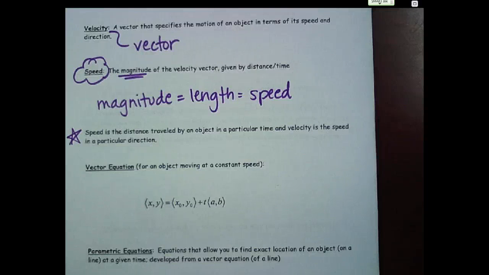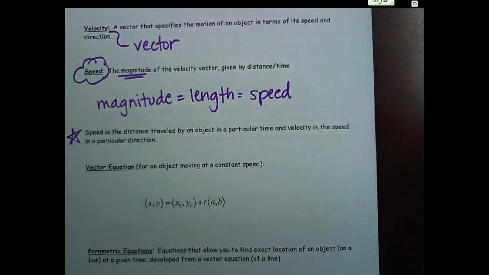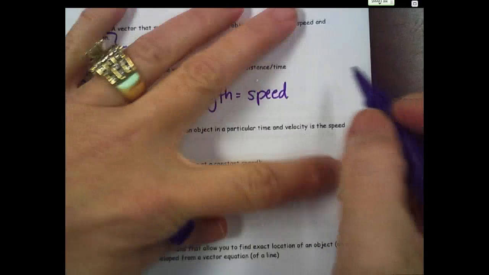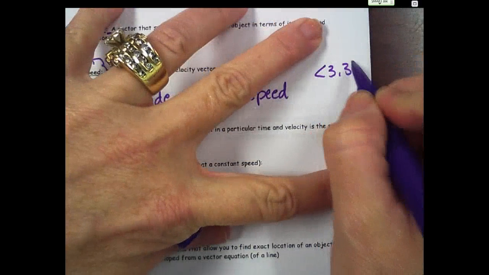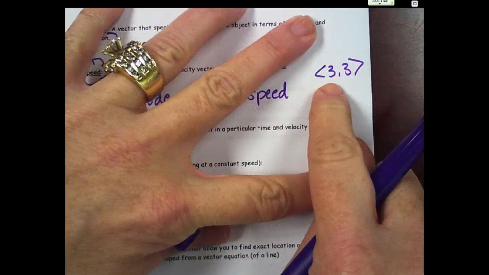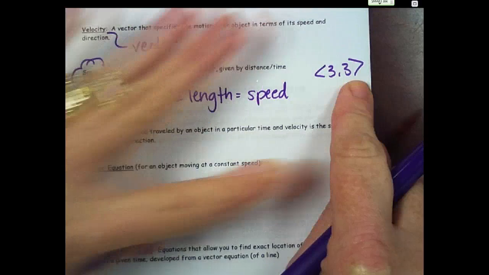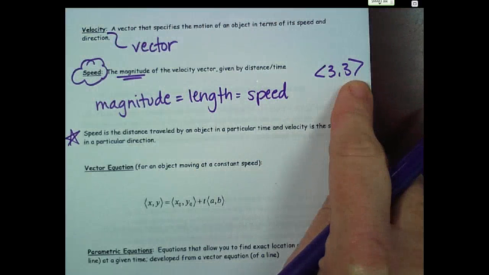For example, the problem we used a lot yesterday was P to Q, which was 3, 3. That meant we went 3 right and 3 up, correct? It tells me where I'm going and how I'm getting there.